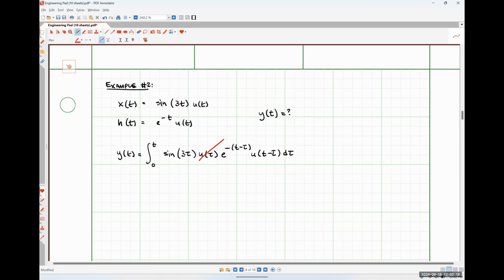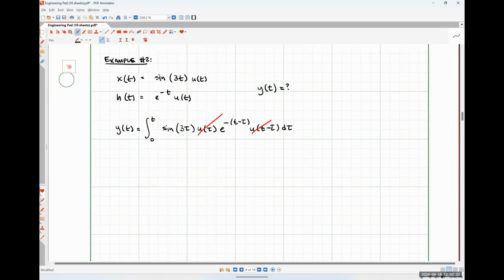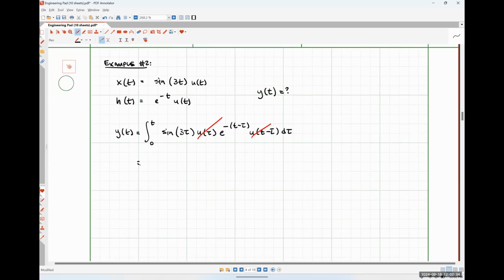Still 1. What about u of t minus tau over this interval? Also still 1. So those unit step functions should go away practically every time. So I'm left with the integral from 0 to t of sine 3 tau e to the negative t minus tau d tau.